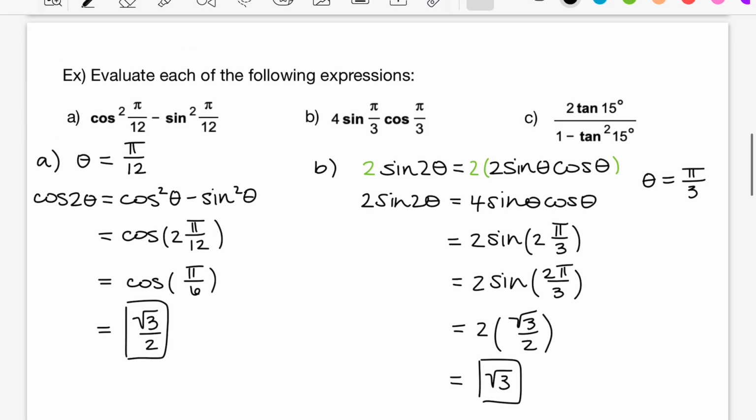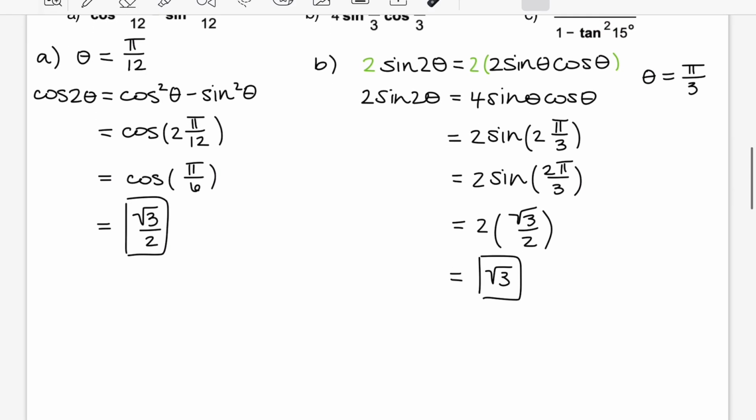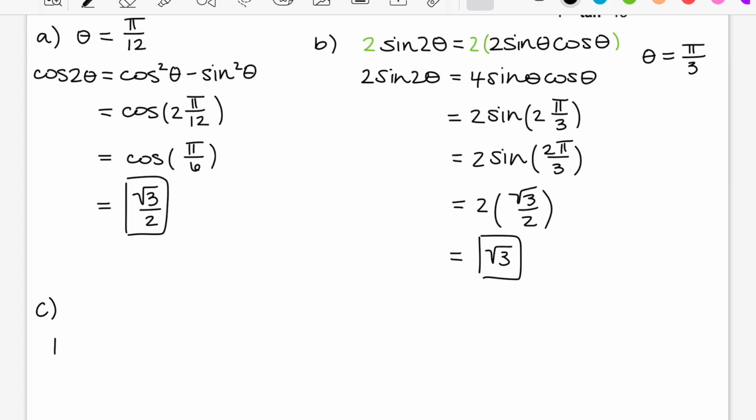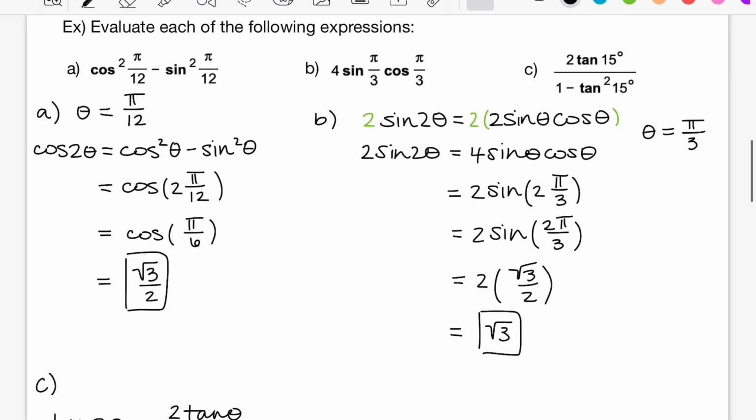And then lastly, we're looking at this expression now. This kind of looks like the formula for the double angle for tangent. That is tangent of 2 theta is equal to 2 times tangent of theta over 1 minus tangent squared theta. Now referring back to this expression, that's exactly what we have here, but in this case, theta is going to be equal to 15 degrees.